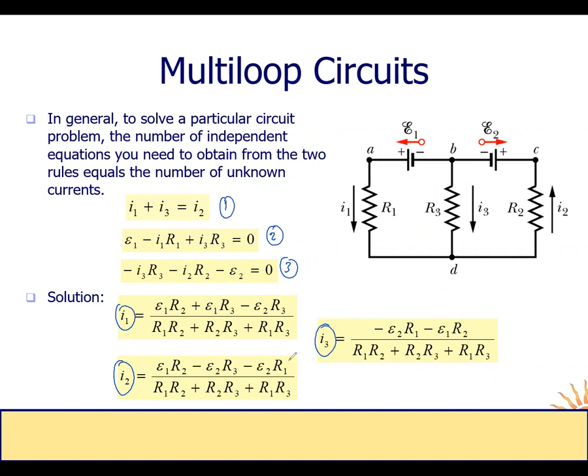As I said before, if I1, for example, equals 5 amperes, in this case we chose the right direction of I1. If I1 equals minus 5 amperes, in this case we have to change the direction of I1 and keep the magnitude equal to 5 amperes.